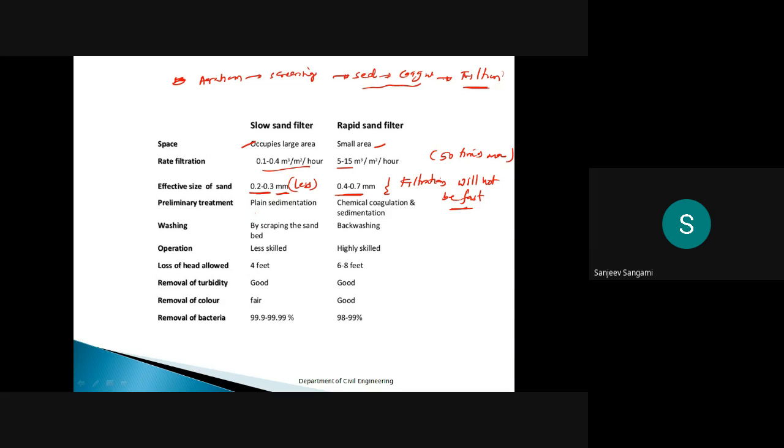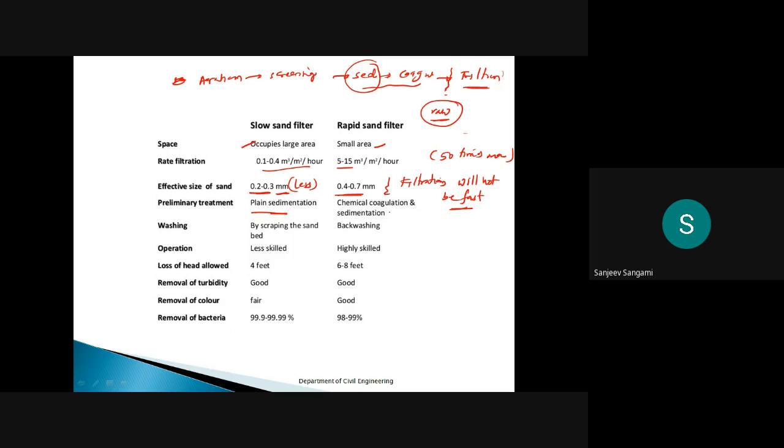When the water is coming to a filtration process, is any pre-treatment required or not? Plain sedimentation is required. You cannot supply raw water directly to the filtration process. After plain sedimentation only, you have to supply the water to a filtration process.